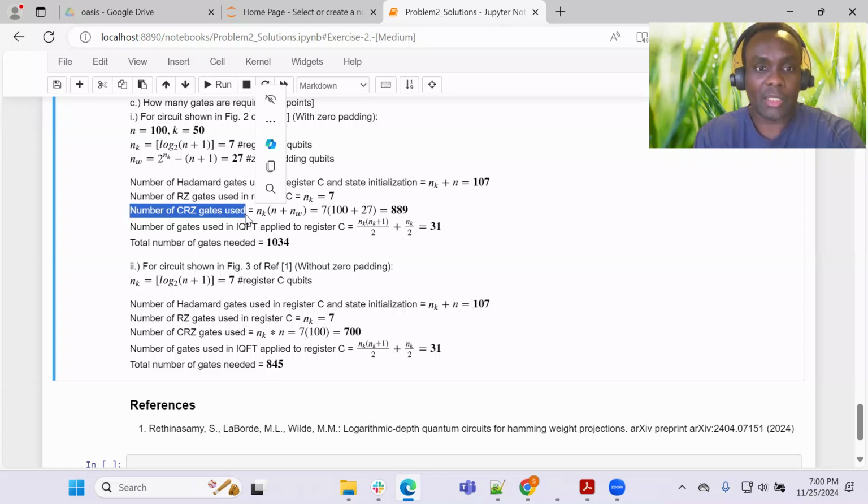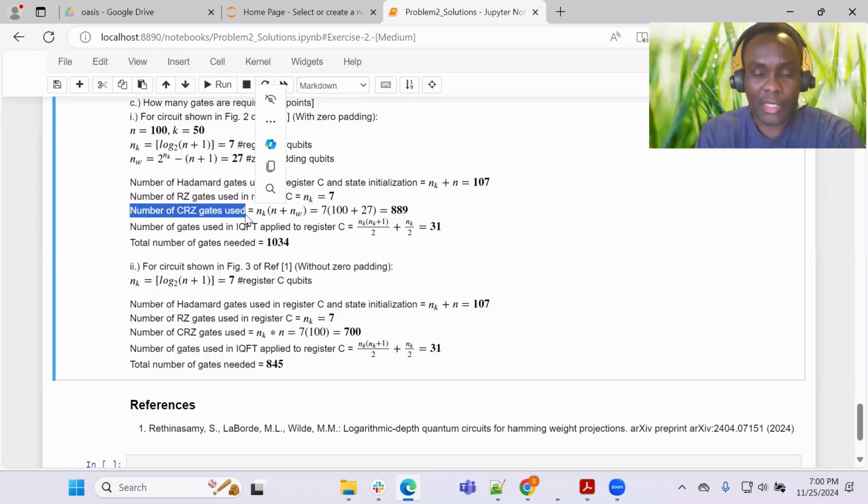And then lastly, we will count the number of gates used in the inverse quantum Fourier transform circuit that is applied to register C. So it's basically the number of gates needed for an inverse quantum Fourier transform on a register with nk qubits. That is nk times nk plus 1 over 2, plus the integer of nk over 2, which is the swap gates.